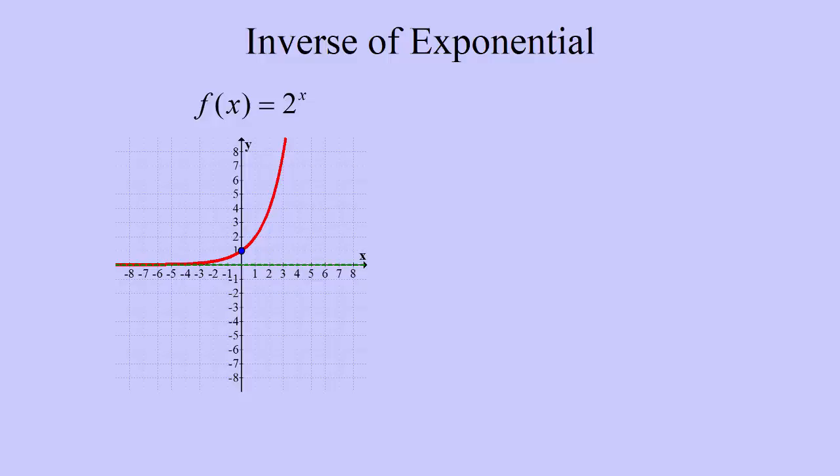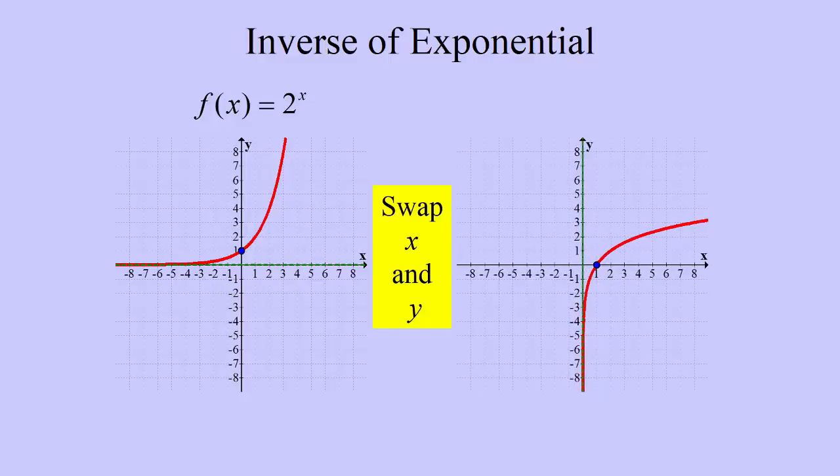And the logarithm is just the reverse of that. If you swap the x and the y, now technically speaking in math this is called the inverse. Swapping the x and the y, this is the graph that we would get.